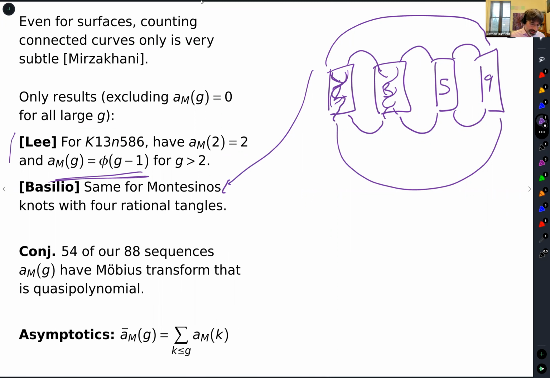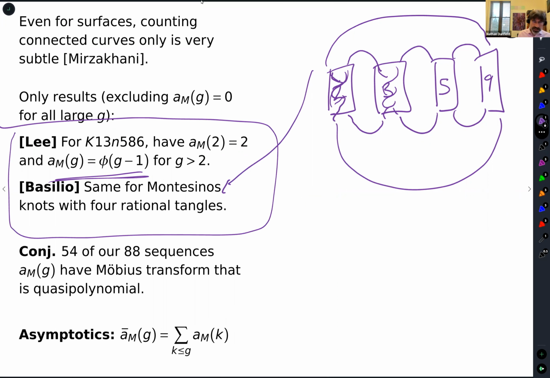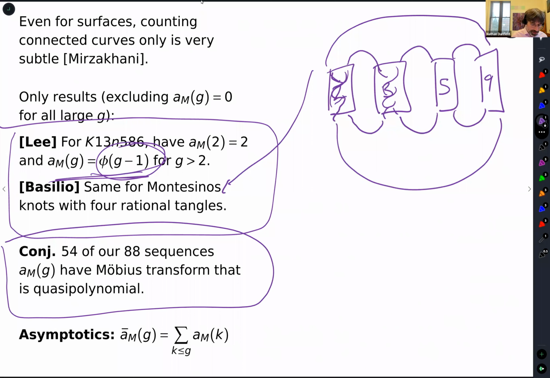So at least for these families of examples, we do actually understand the pattern. And it has something to do with some elementary number theory, related to whether certain numbers are coprime to others. We've seen basically 88 distinct sequences of these numbers over the examples we computed, which was tens of thousands of examples.